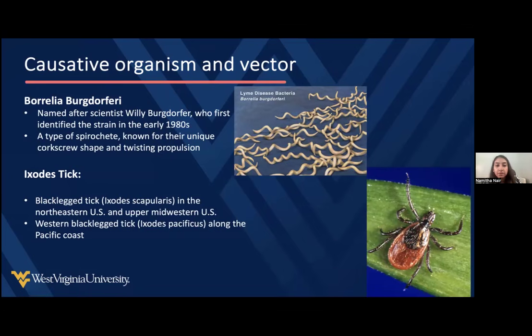It has a twisting propulsion, which is characteristic for the spirochete group. And then the vector is the Ixodes tick: the black leg tick, Ixodes scapularis, in the northeastern US and upper Midwestern US, and the western black leg tick, Ixodes pacificus, along the Pacific coast. And this is a picture of the Ixodes tick.